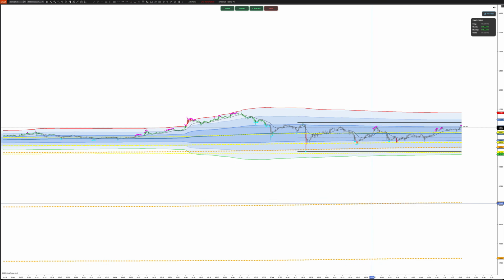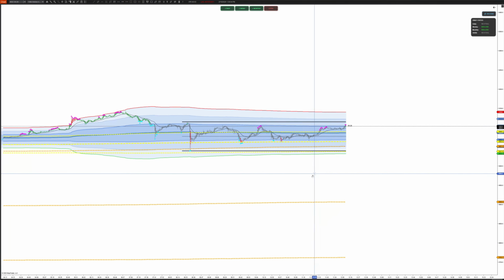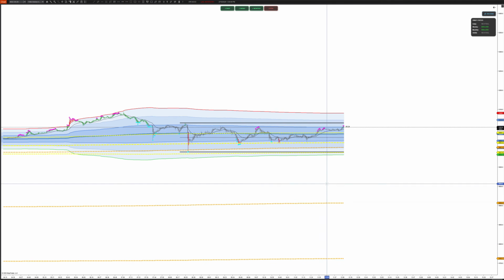So what can I see here right now? If I'm looking at current price down here, I can see we are above average price on the monthly VWAP. So we're bullish for the month right now. We have just become bullish on the week. We have popped outside of that first standard deviation on the week, and we are just about to become even more bullish here on the day.